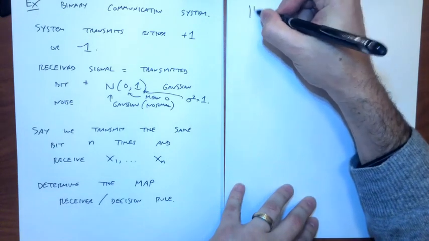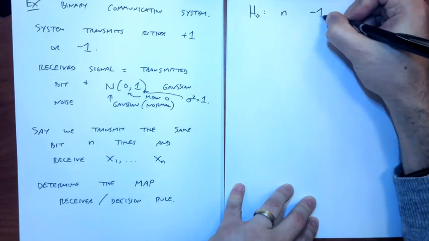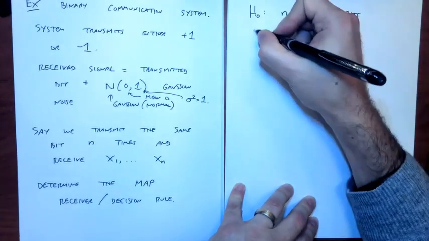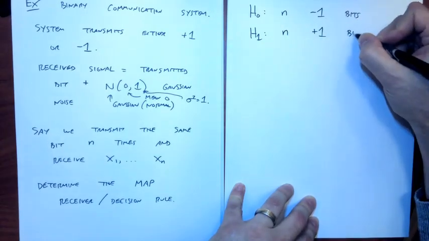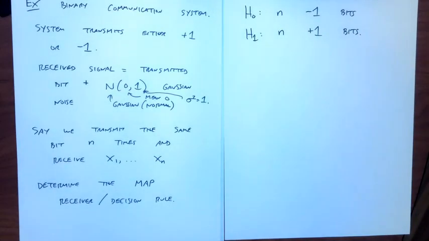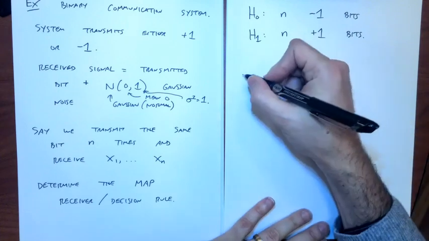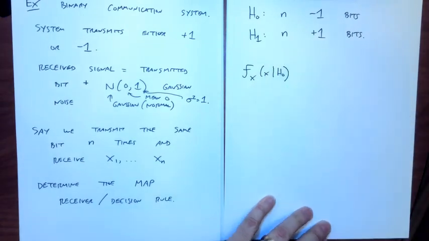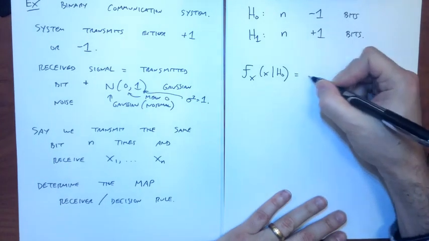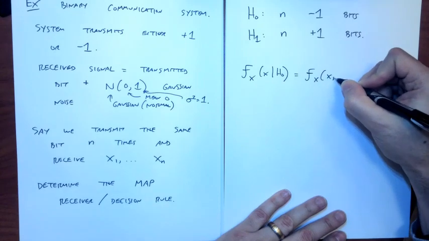So my hypothesis H0, let's suppose, is that I transmitted n -1 bits, and my hypothesis H1 is that I transmitted n +1 bits, okay? So now I can build the two distributions that correspond to the null hypothesis and the alternate hypothesis, right? So my distribution under H0 is basically n Gaussians.